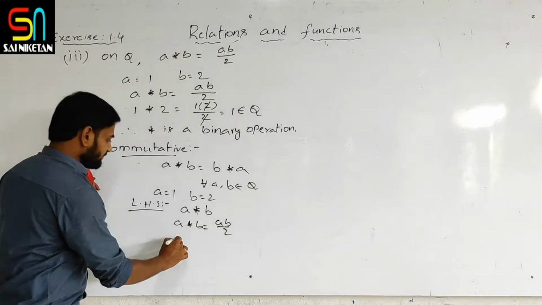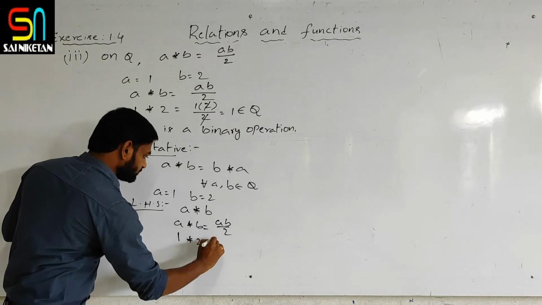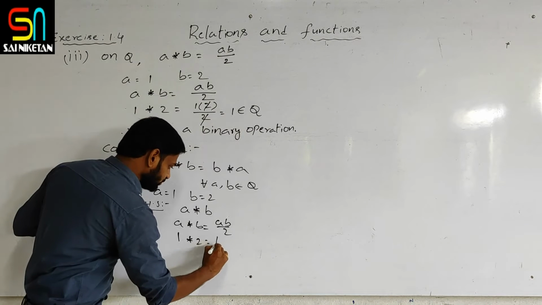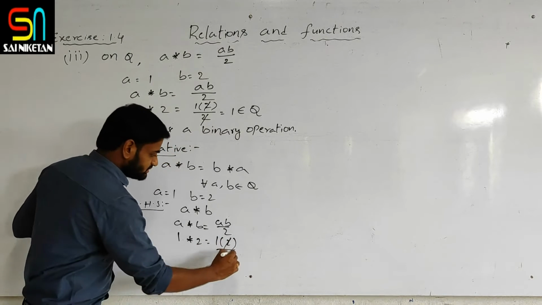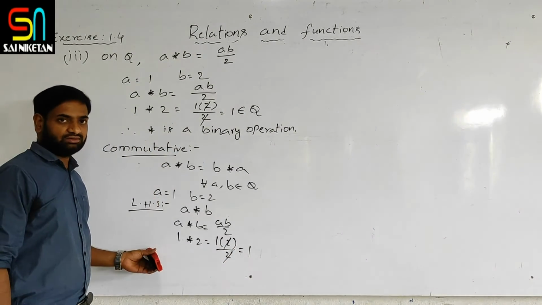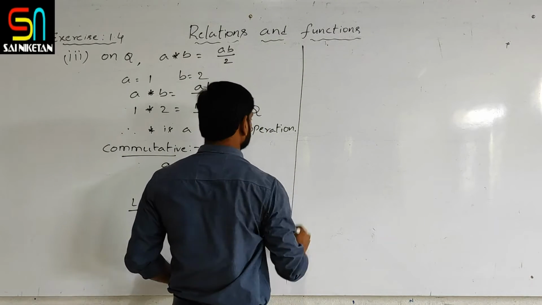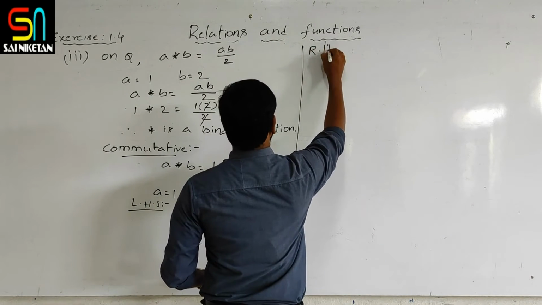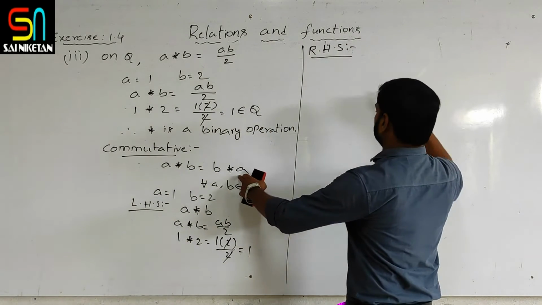Now substitute here, A value is 1, B value is 2, that is 1 star 2, that is 1 into 2 by 2. 2 gets cancelled. Answer is 1. Now the LHS answer is 1. Now what about the RHS? I am taking the RHS here. Now RHS is B star A.